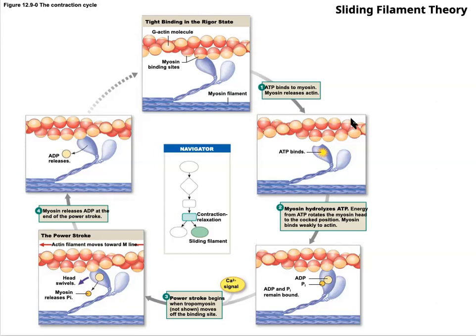And so here, we're going to take a closer look at the steps involved in contraction relaxation cycle. We begin with the rigor state. Okay. And so the rigor state is where the myosin heads are tightly bound to the actin filament. Okay, and in this state, there is no ATP or ADP bound to myosin.